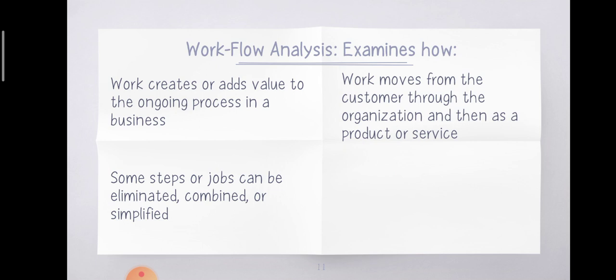Now, work moves from the customer through the organization and then out as a product or service. It's just input, process, and of course the output. The input is what the customers need or demand: I want a glass of milk.